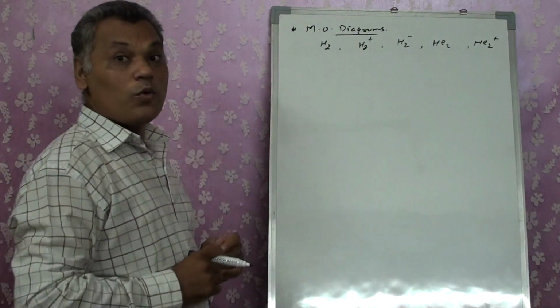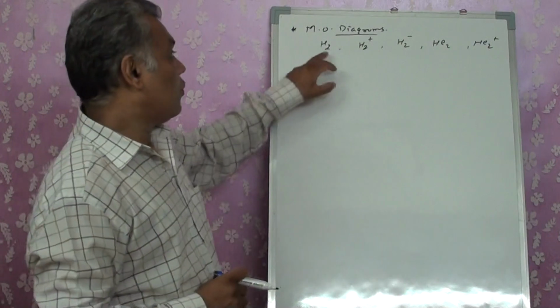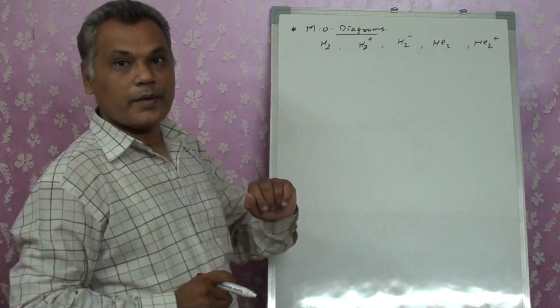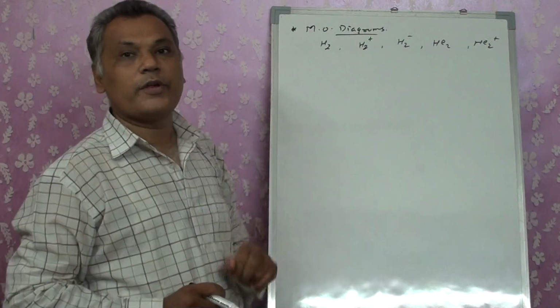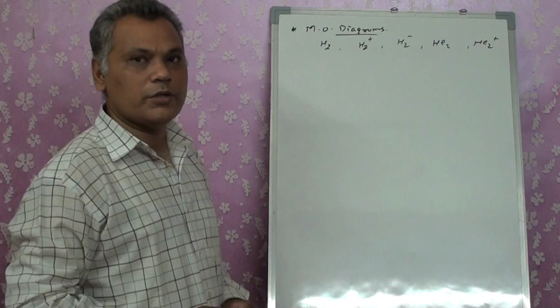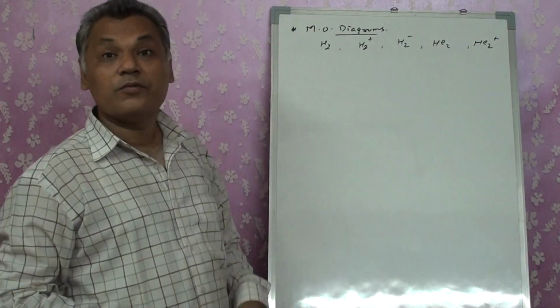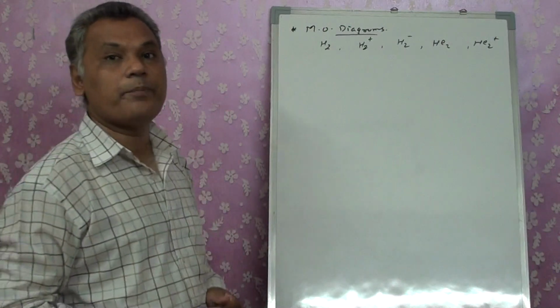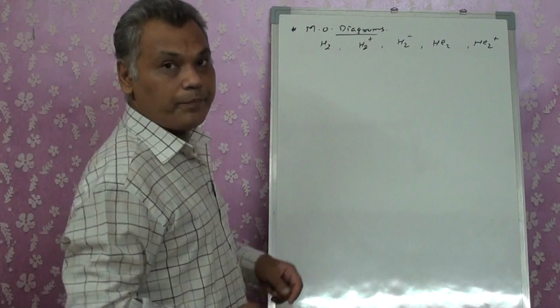These are homodiatomic molecules, having two hydrogens or two heliums, and all of them are diatomic. These five have only one s orbital in them.